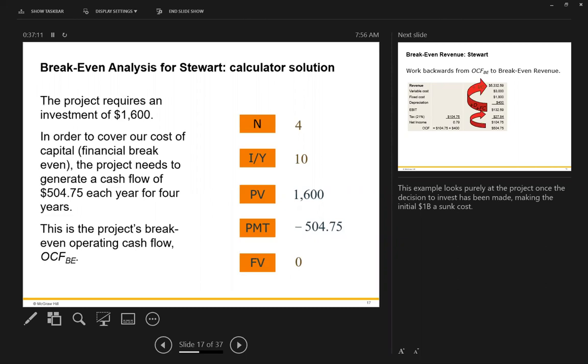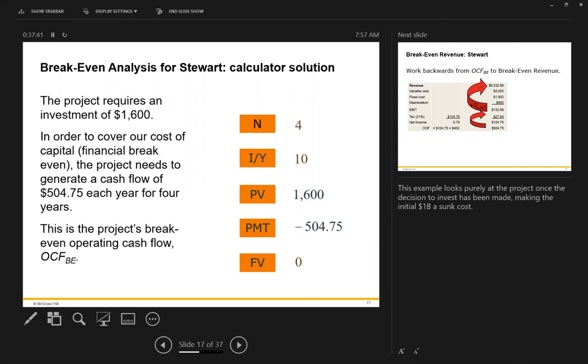So what we're going to calculate is the amount of cash flow, the PMT, that's required if we're going to produce this for 4 years, and we want the present value of those future cash flows to equal 1,600, the initial investment, because that's the point where net present value would be 0. Your initial investment is 1,600, your future cash flows are 1,600. So I'm going to alpha solve, and you get 504,775.